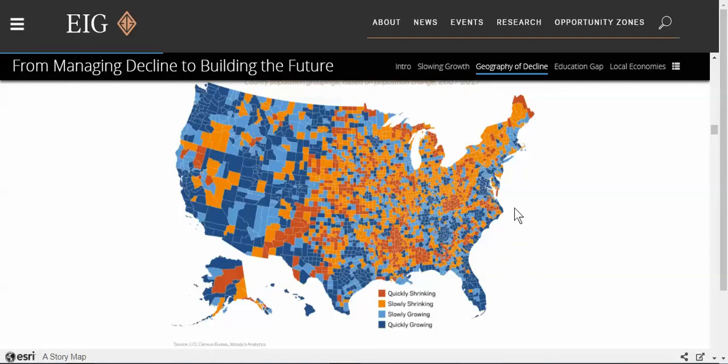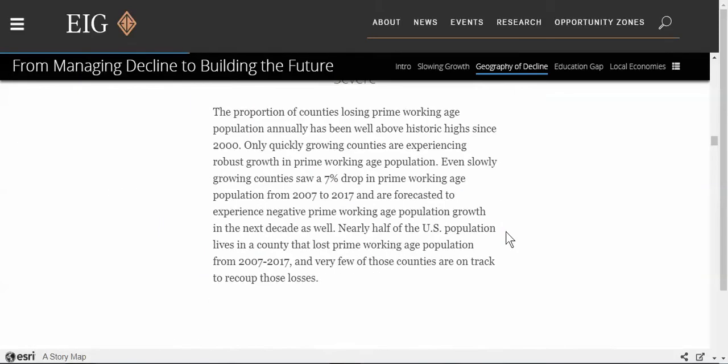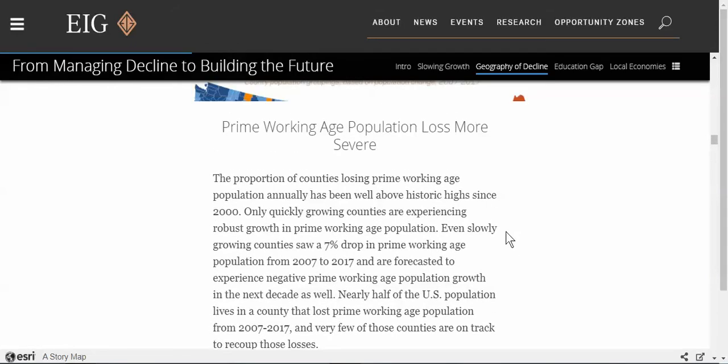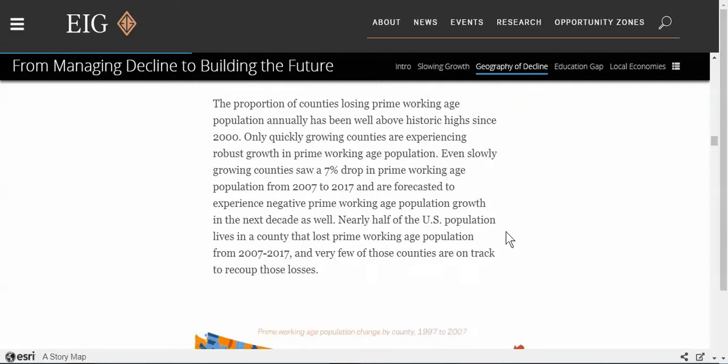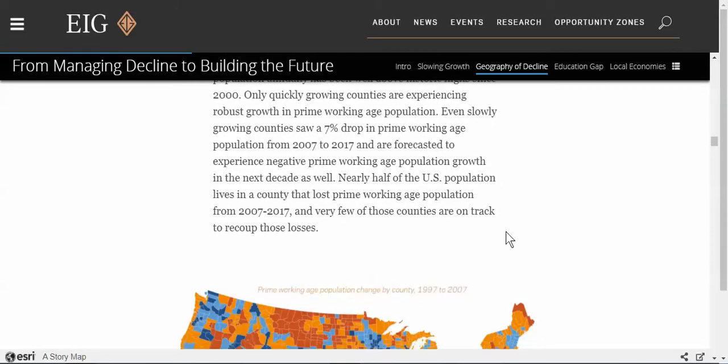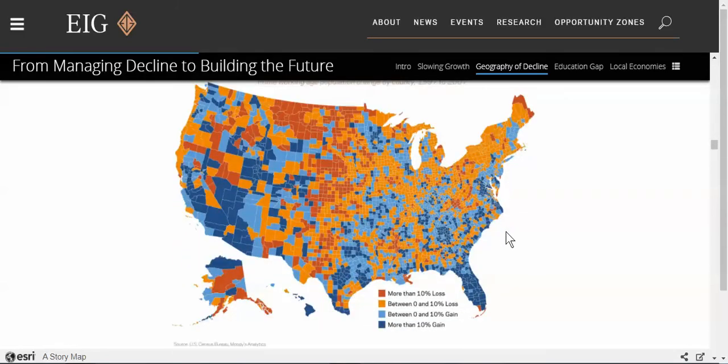And if you look, what you'll notice is that there are very different distributions of these. And again, I'm not going to get into what those distributions are, but I simply want to point out that the deep red is very rapidly shrinking populations versus the very deep blue, very rapidly growing. And that's overall population. The next series of maps that you're going to see look at what they call prime working age. And again, prime working age in this case is looking at the population that in fact contributes significantly to the working or labor force within the country.